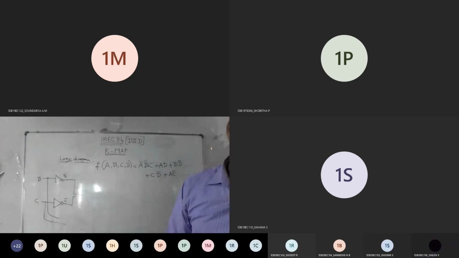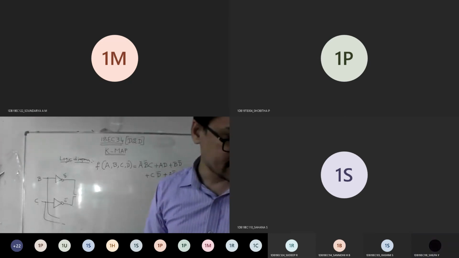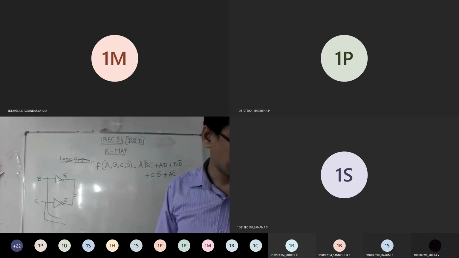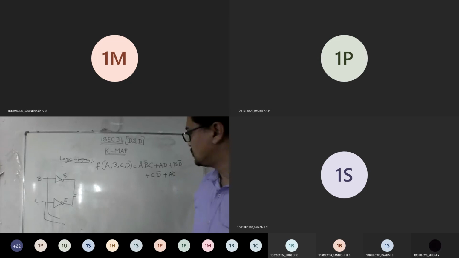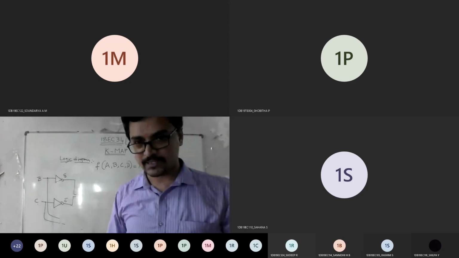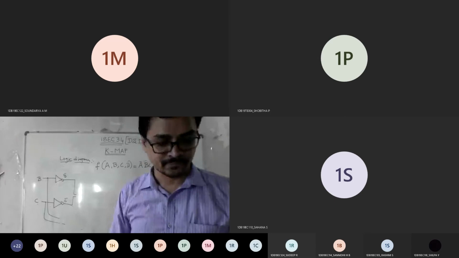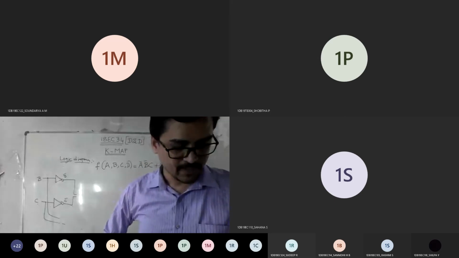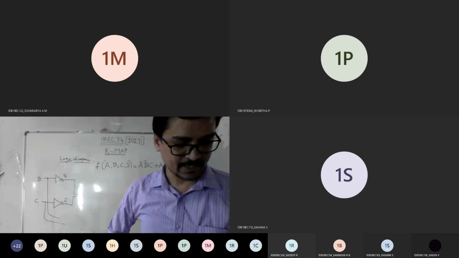Is it visible what I'm writing? Yes, sir. The question is to simplify the following in SOP form using K-map, and also write its corresponding logic diagram.